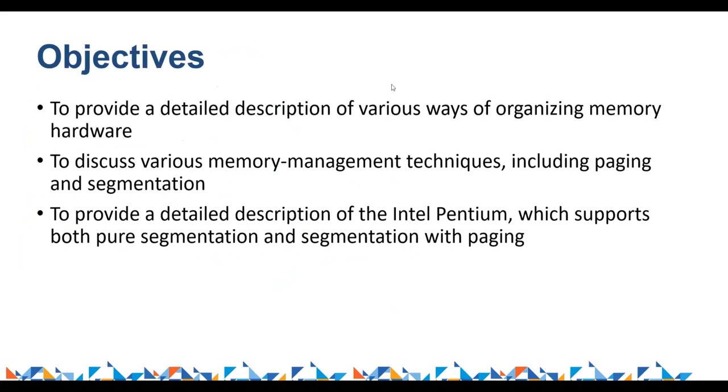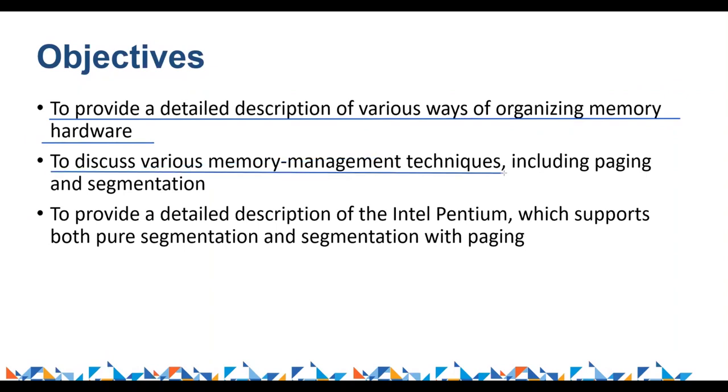The objective of this chapter is to provide a detailed description of various ways of organizing memory hardware. Dear students, here we will talk about memory like main memory, how it will be organized and how it will be allocated to different processes. We will discuss various memory management techniques, including paging and segmentation.